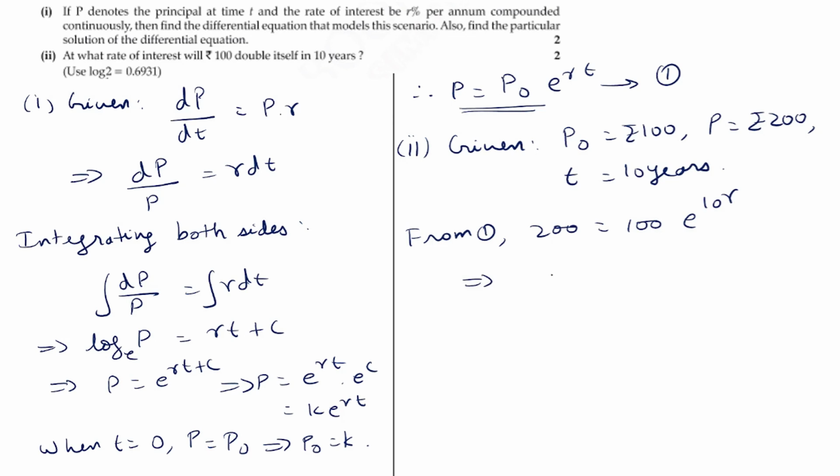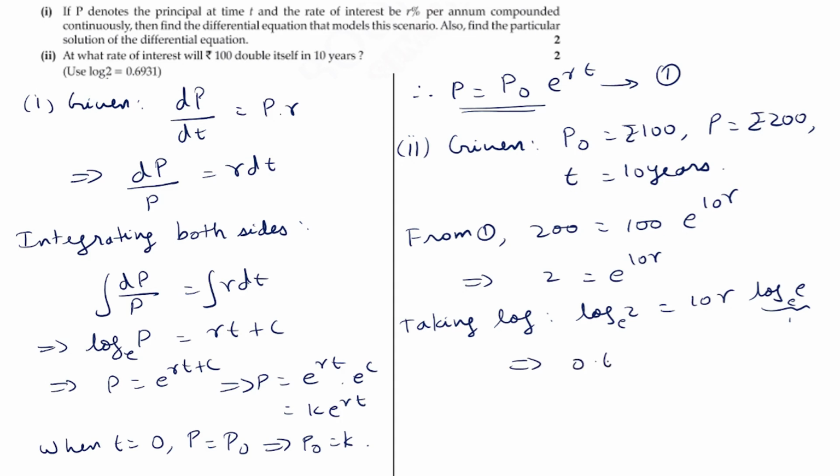So we get 2 is equal to e raised to 10r. If we take log on both sides, we get log 2 is equal to 10r log e. Log e to the base e is 1. And log 2 to the base e is given in the question as 0.6931.